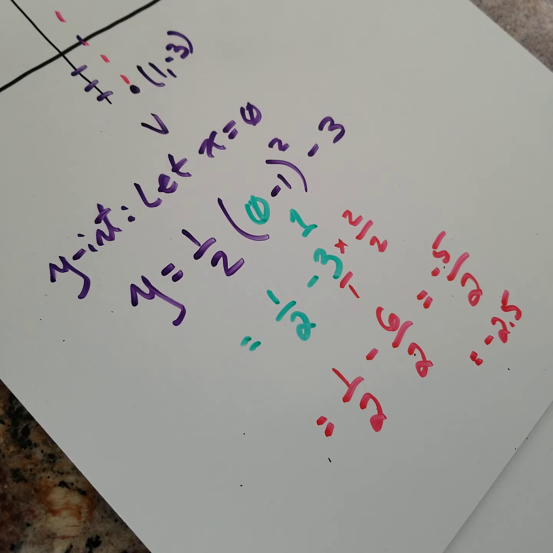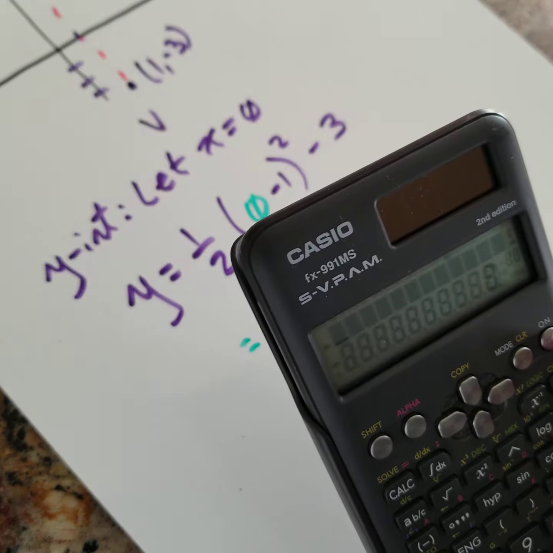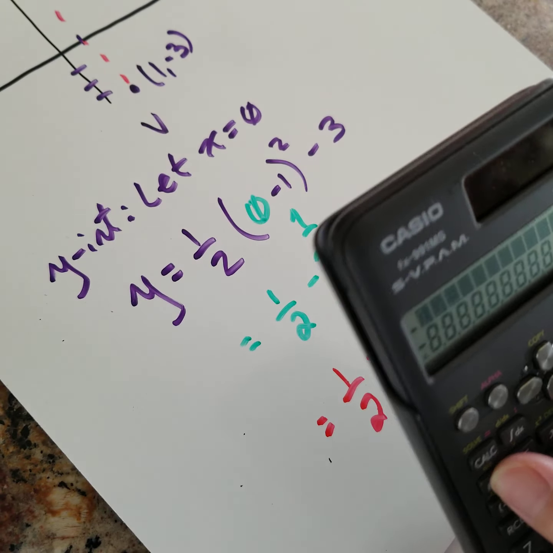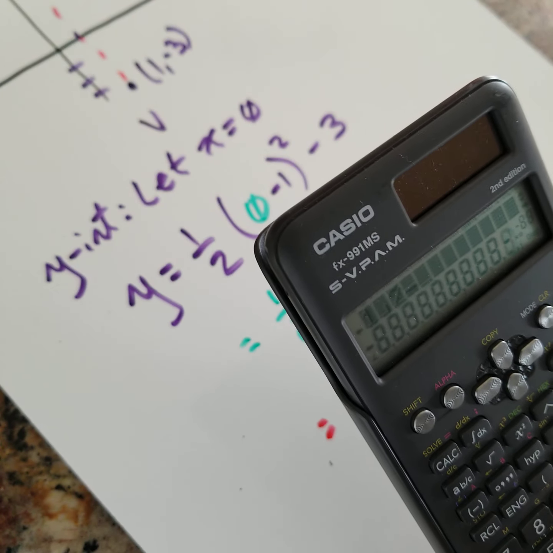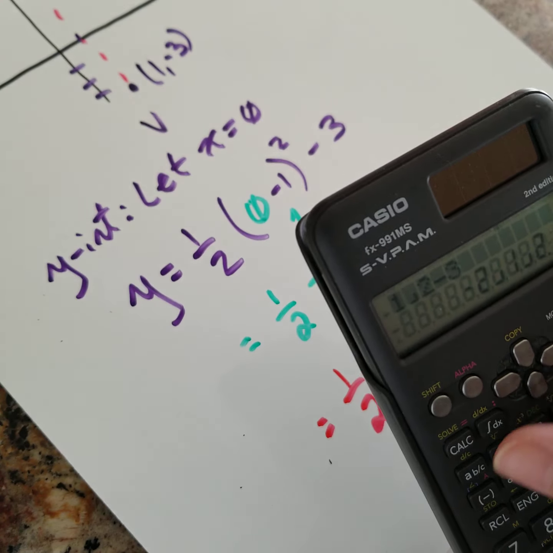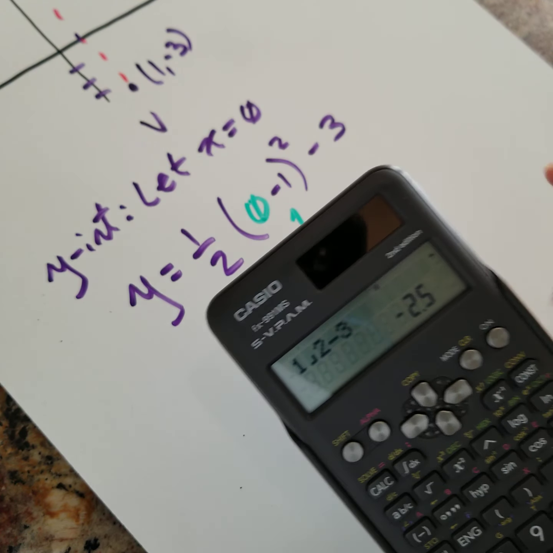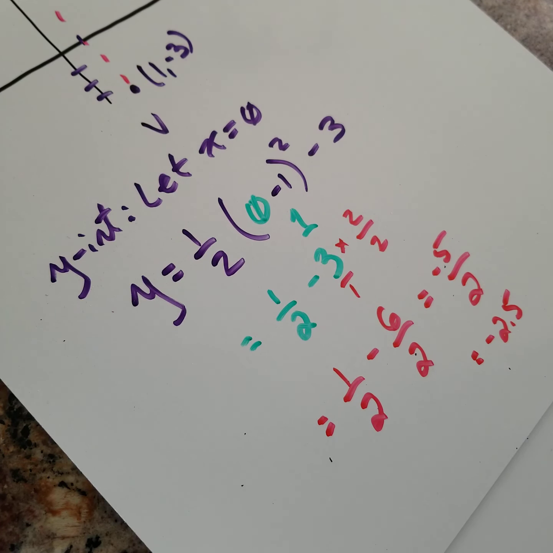So let's confirm. If I take my calculator and I type in a half, and I'm subtracting this by 3, I get this fractional answer, but you can change it, and here you can see that I'm getting negative 2.5. So I can plot the y-intercept as an additional point.